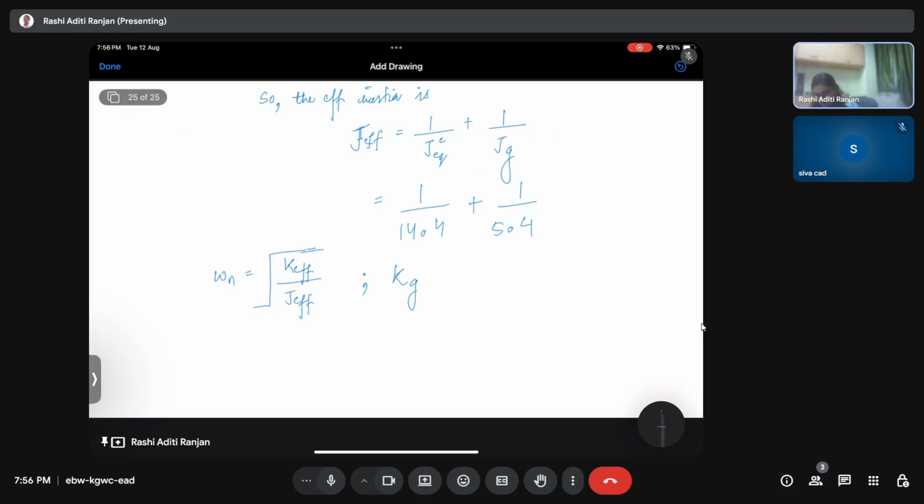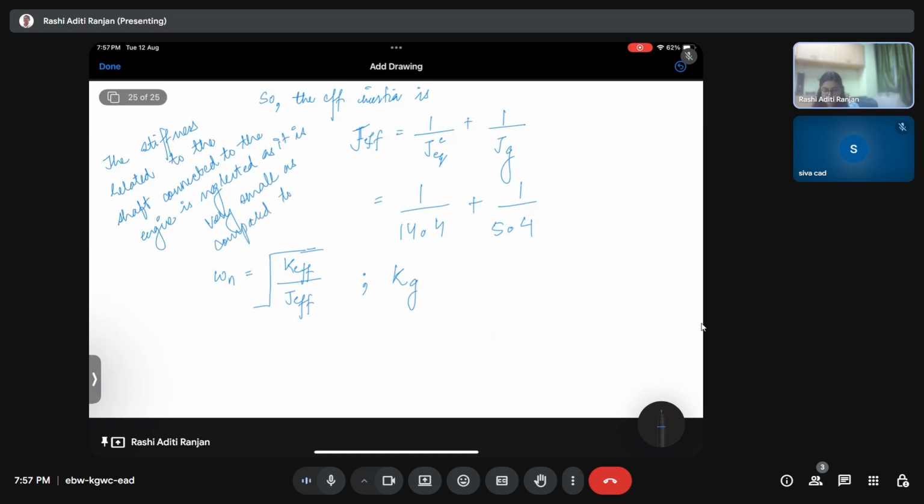Because the stiffness related to the shaft connected to the engine is neglected, as it is very small as compared to the generator's, and that is the reason even its values are not mentioned in the question.